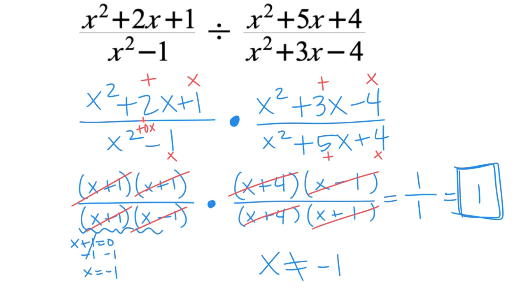If I set x minus 1 equal to 0, that would tell me x cannot equal positive 1. If I set x plus 4 equal to 0, it would tell me x cannot equal negative 4. And then this last one is x plus 1, which we already did, giving us x cannot equal negative 1. So we have our domain and we have our simplified fraction.